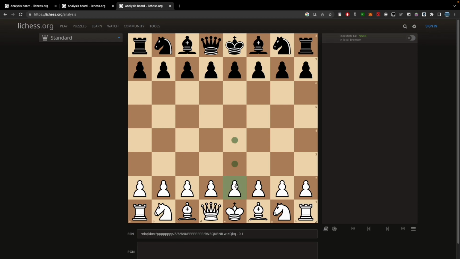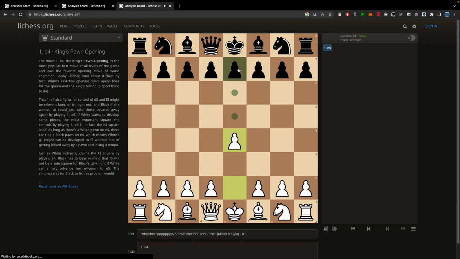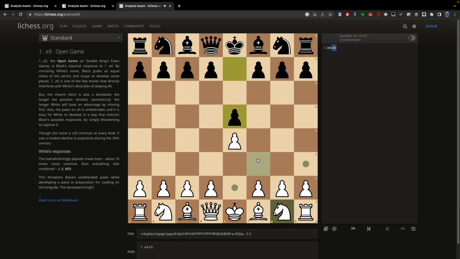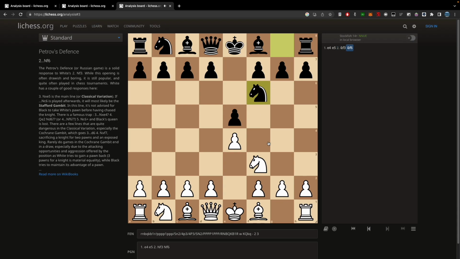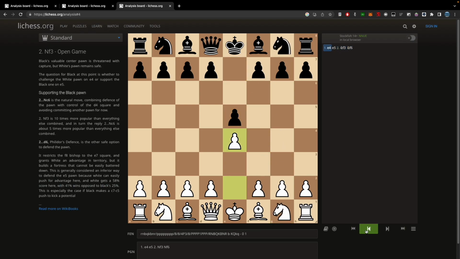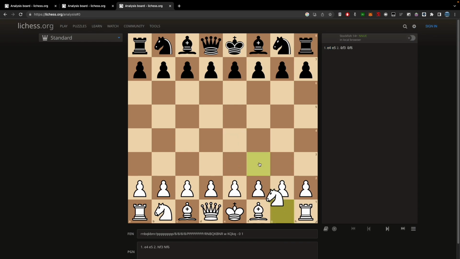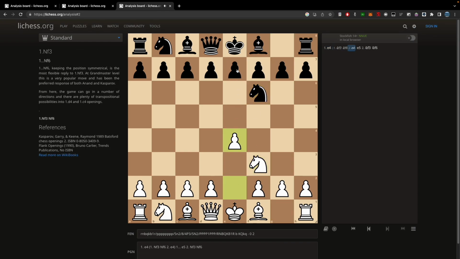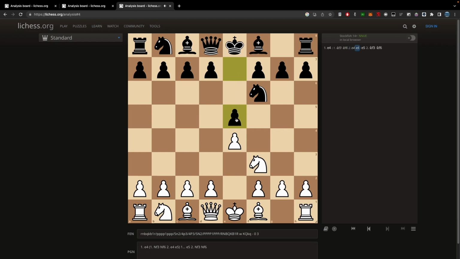So for example, if I play e4, e5, knight f3, knight f6, we get to this position here. Where on the other hand, if I go back a bit and we play knight f3, knight f6, then e4, then e5, we get to the same position, but we take a different order of moves.